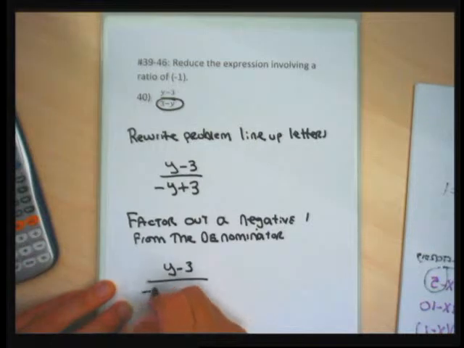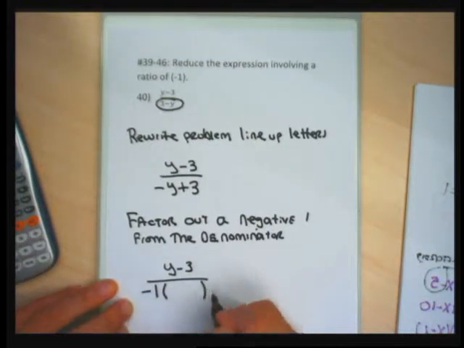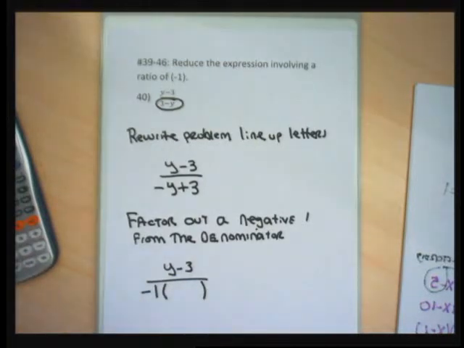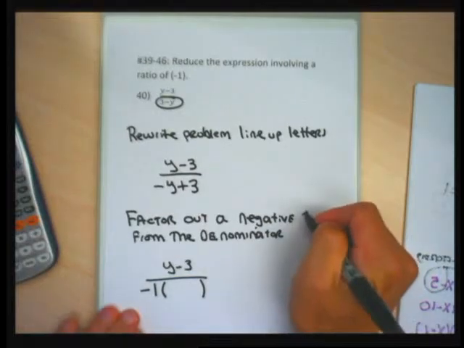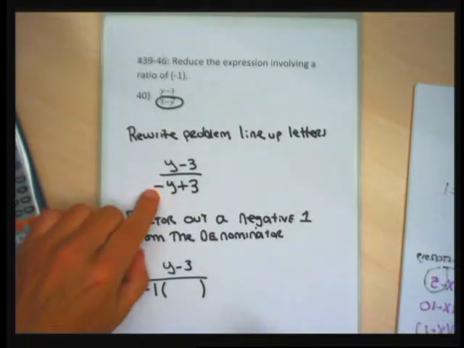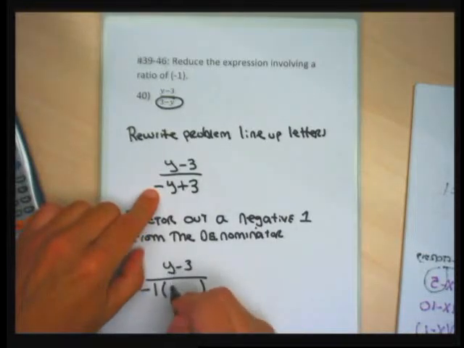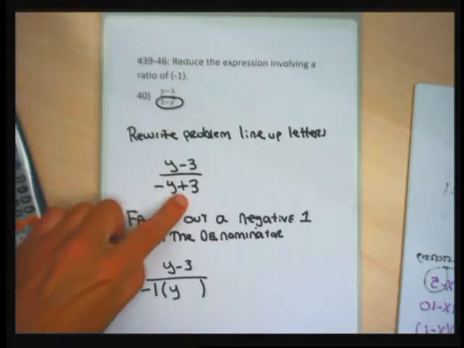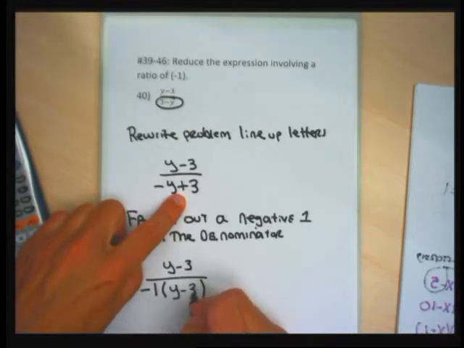So in the denominator I'm going to do a -1 and then a parentheses. And when you factor out a -1, you cause signs to change. The negative in front of the y is going to flip to positive. The y is not going to go away, but its negative sign is going to go away. The 3 is not going to go away, but the plus sign is going to flip to minus.